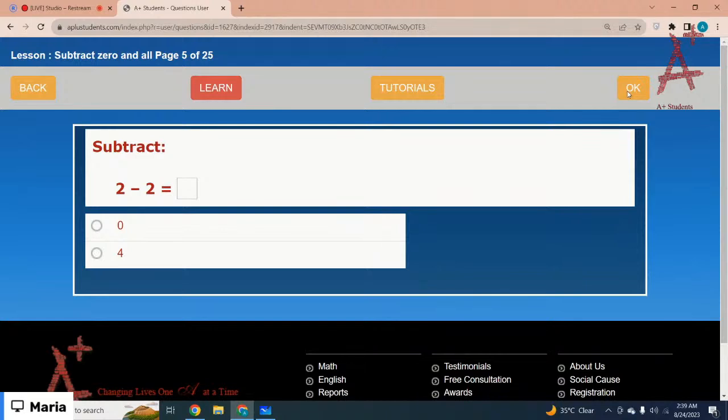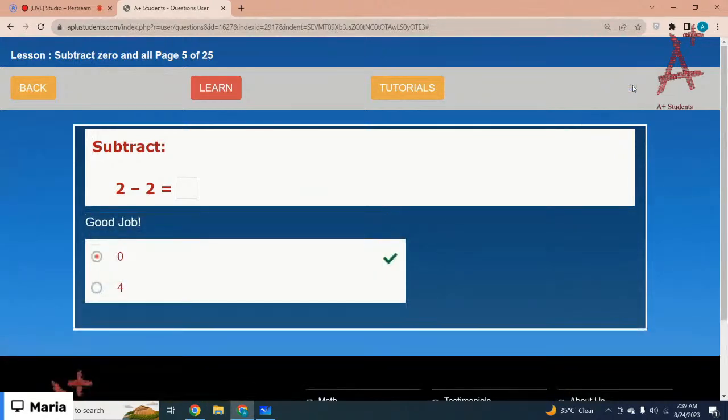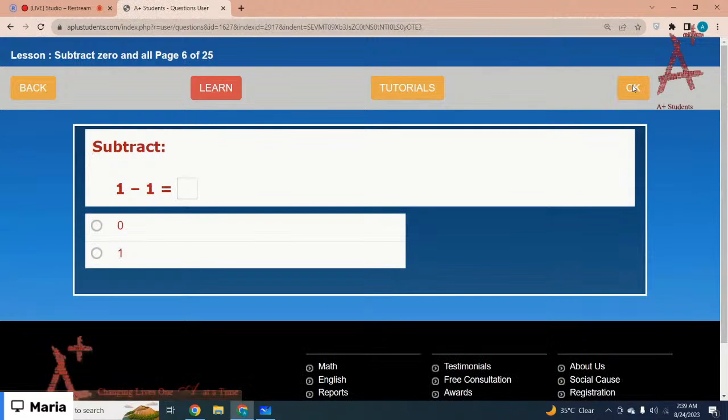2 take away 2. You subtract a number from itself, always the answer is 0. When you subtract a number from itself, the answer is 0. 1 take away 1.